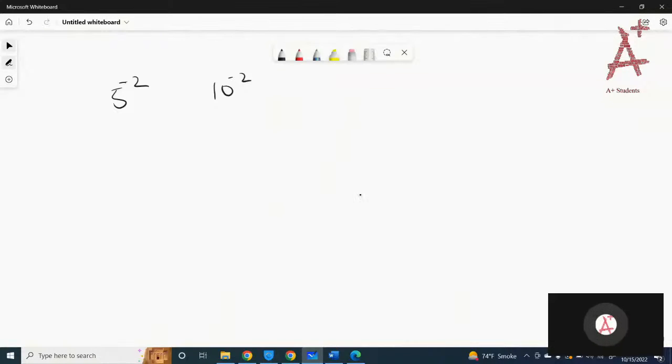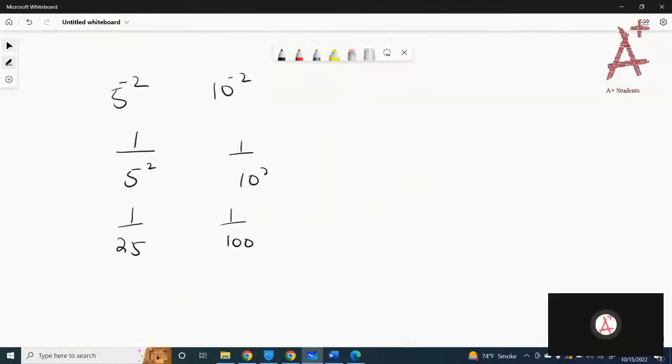Okay, we can write them as 1 over 5 square and 1 over 10 square. Got it? And 5 square is 25, so 1 over 25 and 1 over 100.